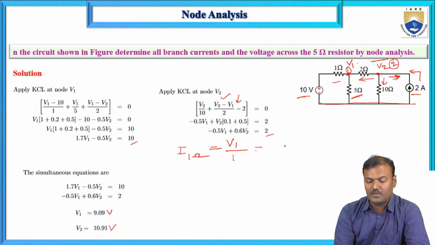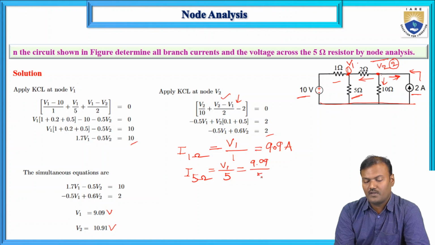So V1 is obtained as 9.09, and it directly comes out to be 9.09 amperes. And the current flowing through 5 ohms is V1 divided by 5 ohms, the resistor. So it is V1, 9.09, divided by 5, and this is the value of current.